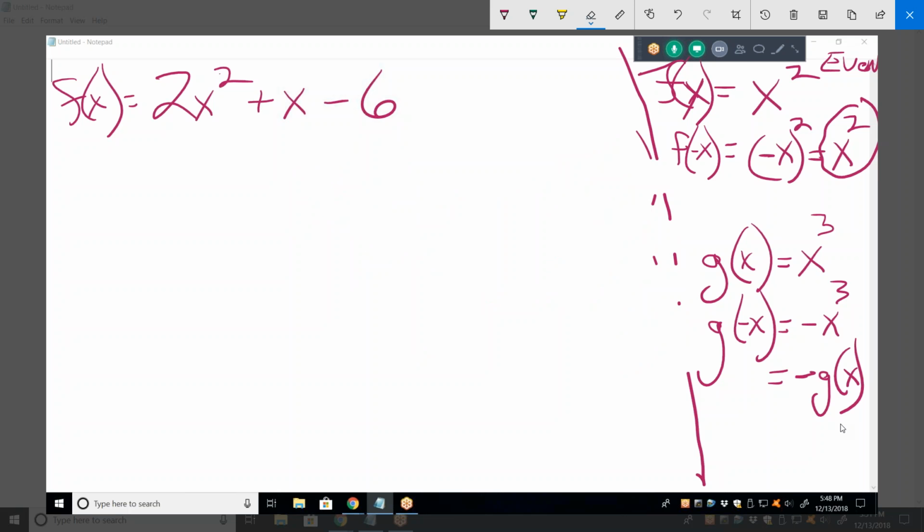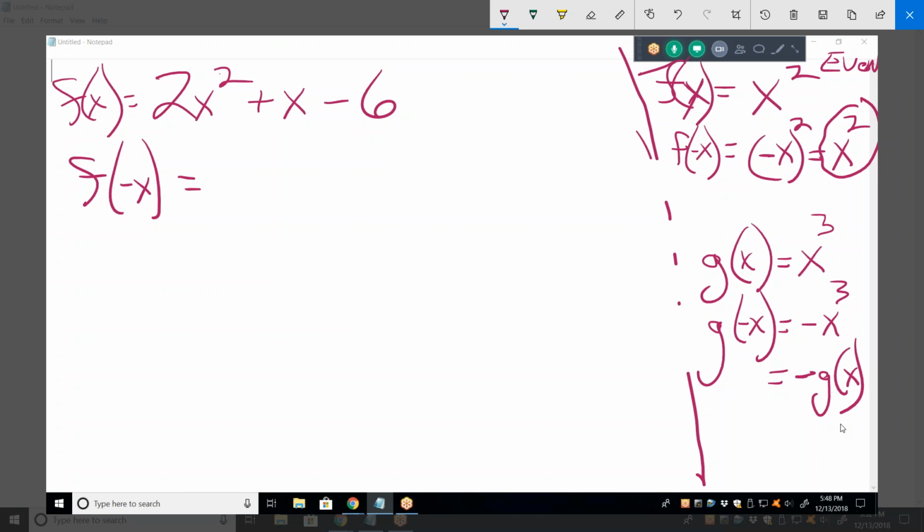So what we need to figure out is what is f of minus x. So tell me. Minus, in parentheses, minus 2x. No. What we're going to do is wherever we come across x, we're going to substitute minus x.